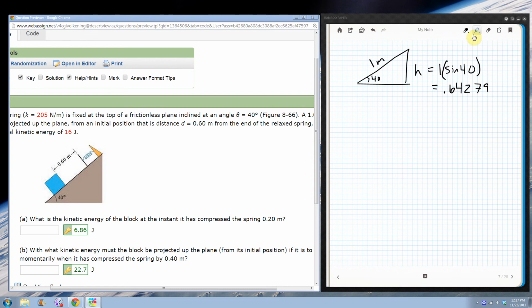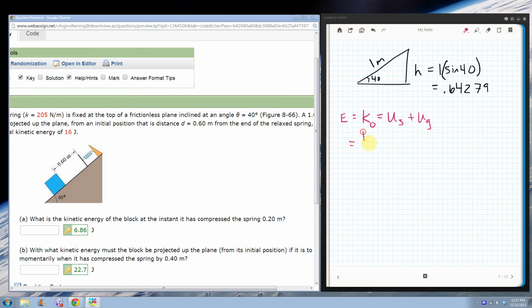Okay, so let's find the total energy when the spring is compressed, because the total energy will be the kinetic energy that it started with. So when it's compressed, I've got no kinetic energy because it's at rest. So all I've got are the energy stored in the spring and the gravitational potential energy of the block. Okie dokie.